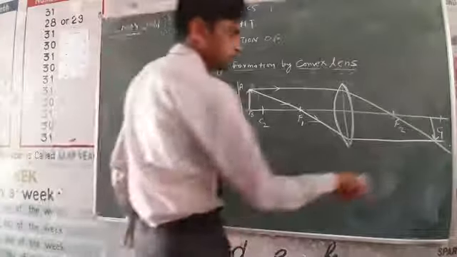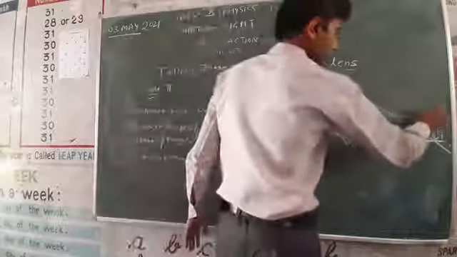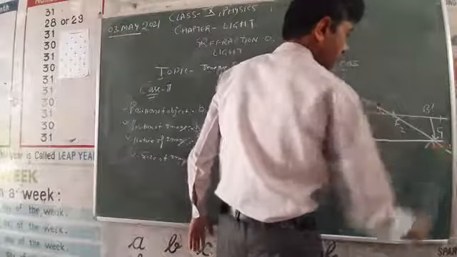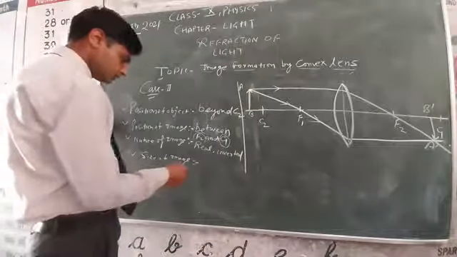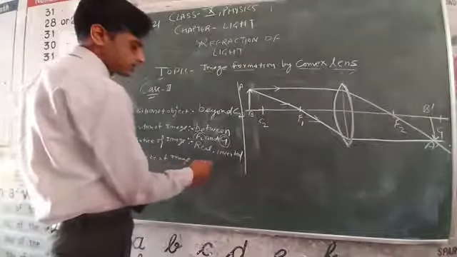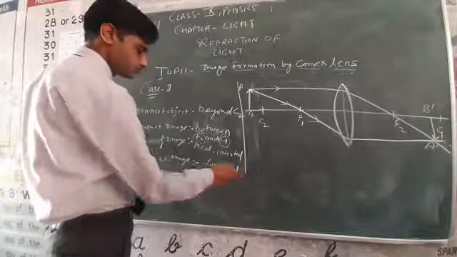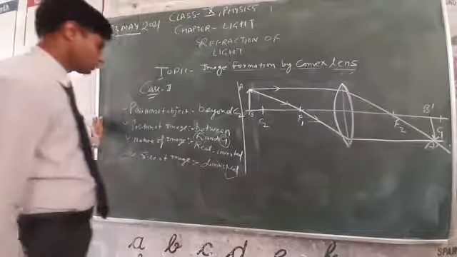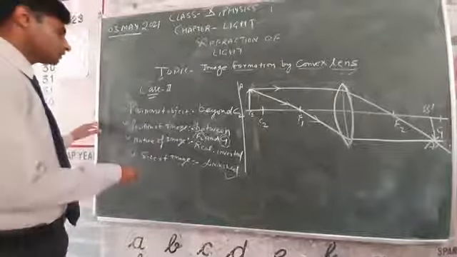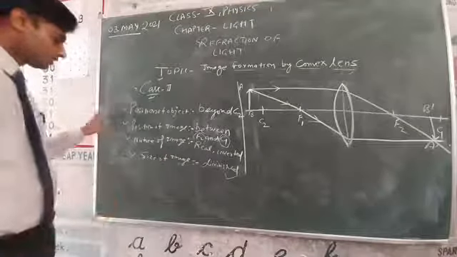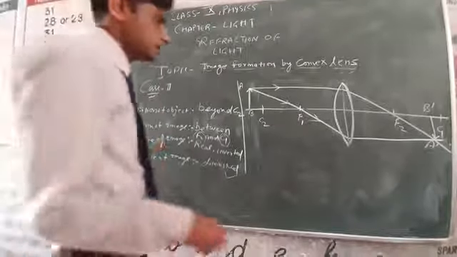You can see the top side of the image is down, so you can see clearly the image is inverted, and size of image is diminished. Okay, so this is the second case. You have to know about this value, and this is the ray diagram.